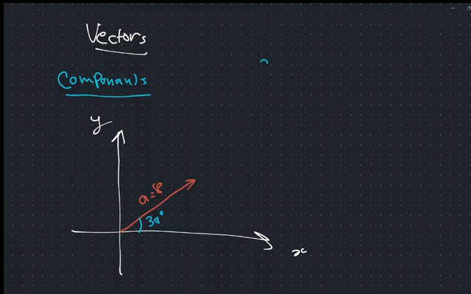Can we find AX and AY? Yes, we can. So let's draw them. This is AX, and this is AY, which I can draw also here because it's the same thing.